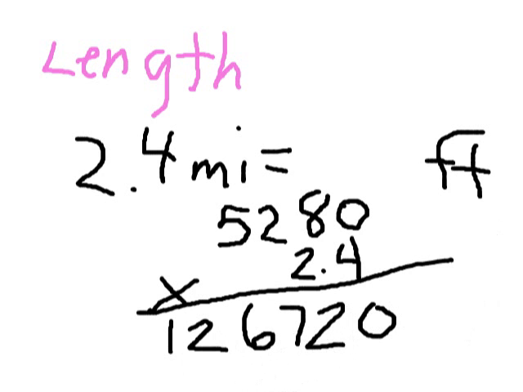That's what I get when I add. So then I have to put my decimal point in my answer. There's one number to the right of the decimal point here, so I have to have one number to the right of the decimal point here. So my decimal point goes there. So my final answer for 2.4 miles is 12,672 feet.